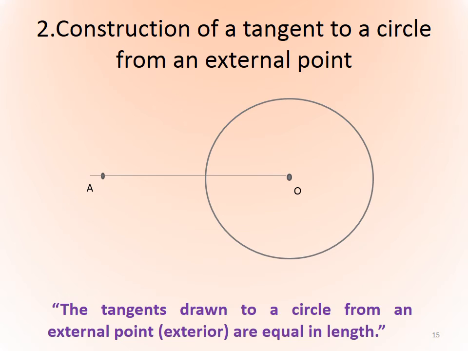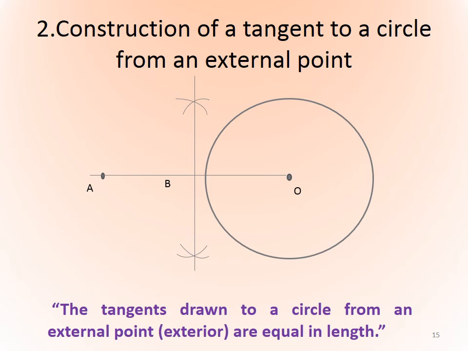Join OA. Construct the perpendicular bisector of the straight line segment OA. I'm drawing the perpendicular bisector of OA. Name the point of intersection of OA and its perpendicular bisector as B.